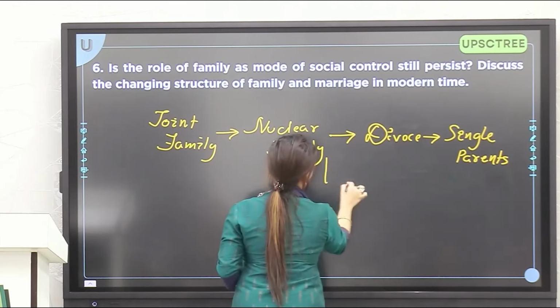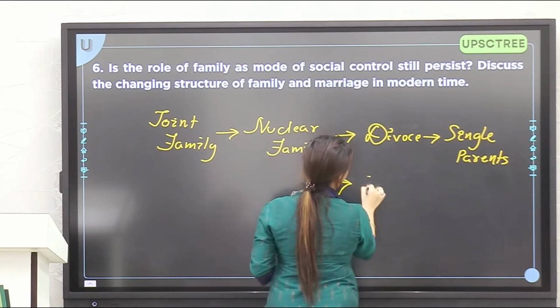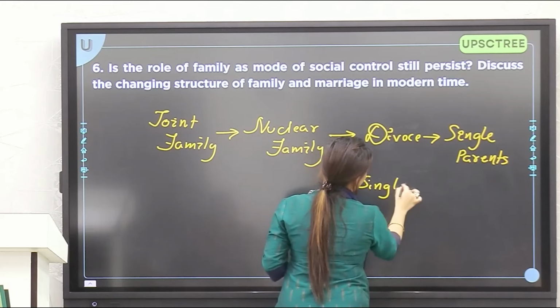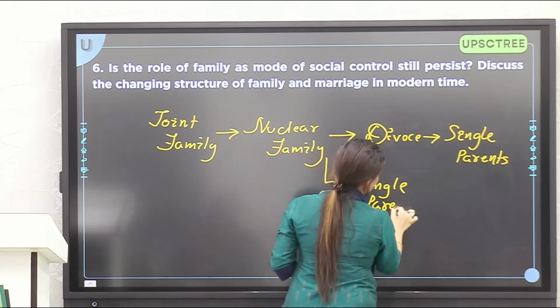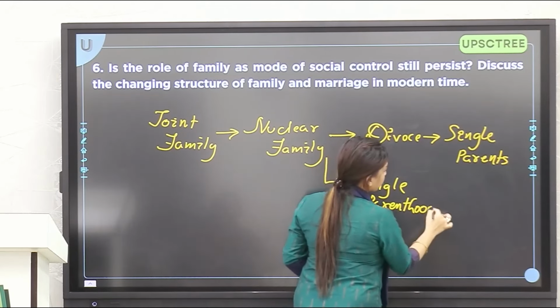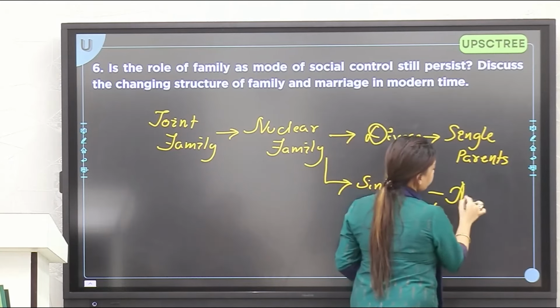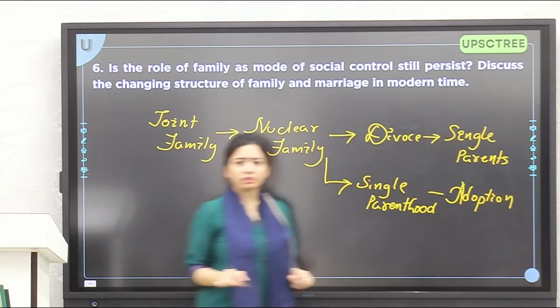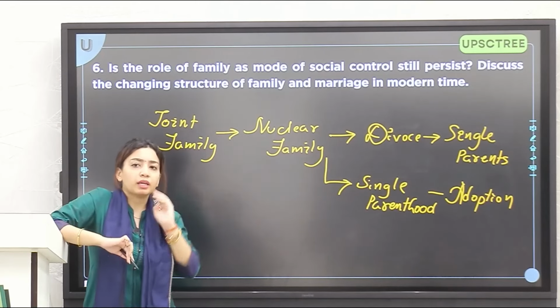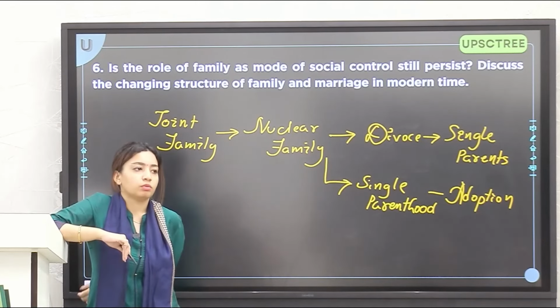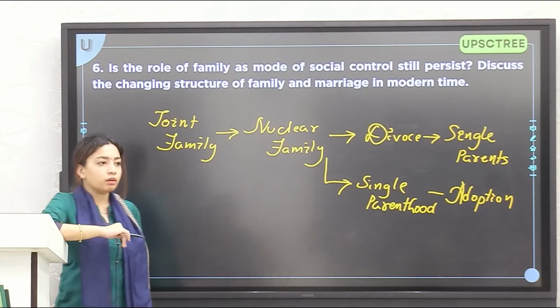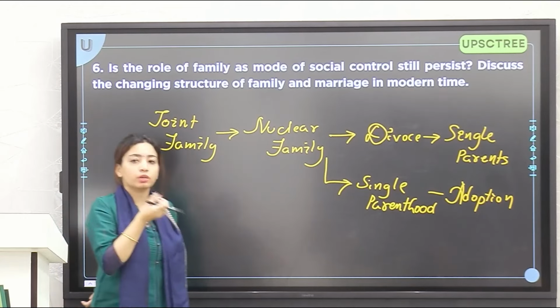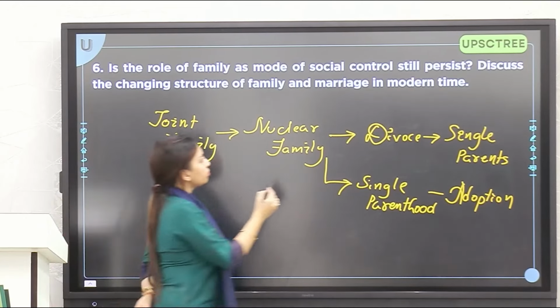Then you also have single parenthood through adoption. Susmita Sen, I think she didn't marry, but she adopted two daughters, right? So here the number of family is also reducing due to the modern value system, right?